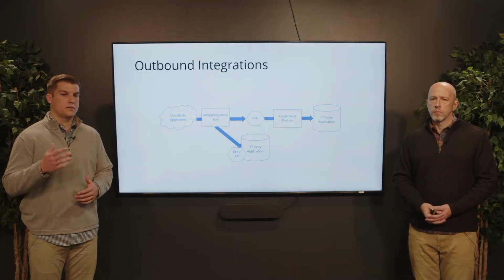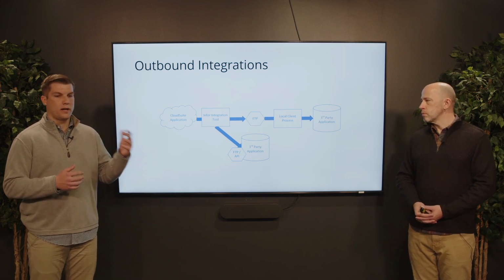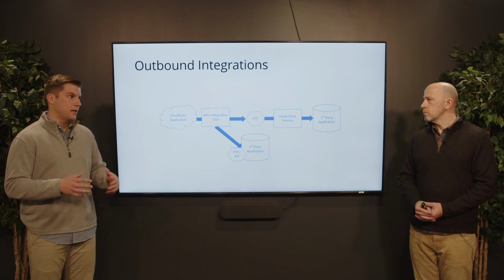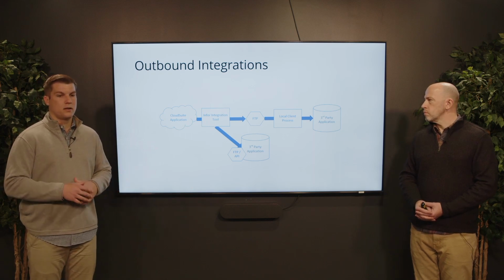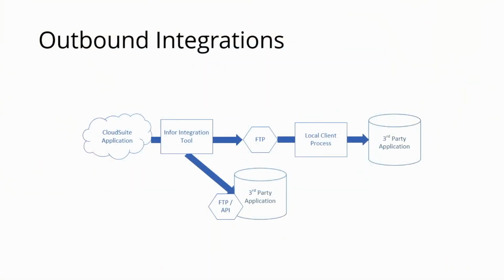Right, and so outbound integrations here, we just have a workflow of what an outbound integration looks like, right? So we talked about we're starting with our CloudSuite application, obviously our system of record. From there, we use whatever the integration tool is, right? Typically going to be IPA most of the time, but again, there are other ways to get that data out.